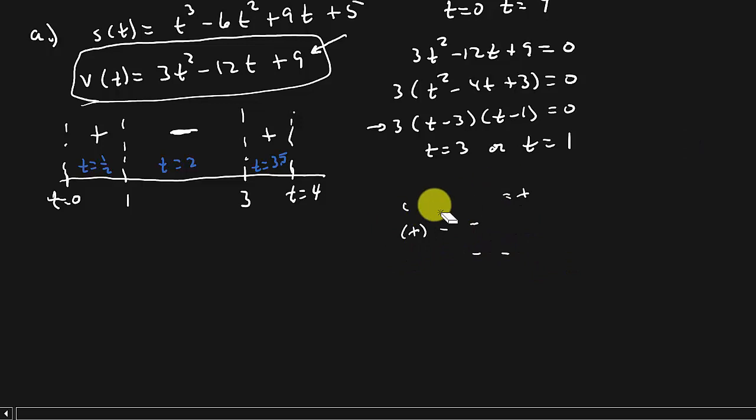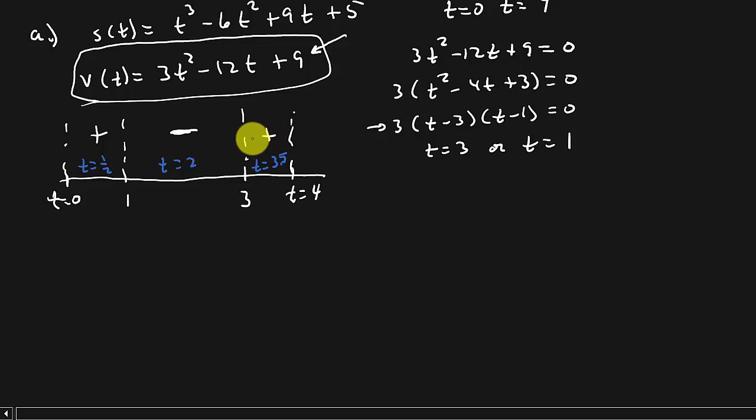And so you might be thinking, okay, that's good and everything, but what is this showing us? Well, it's showing us that it's advancing here, retreating here, and advancing here.